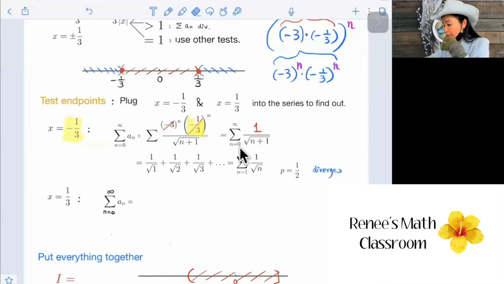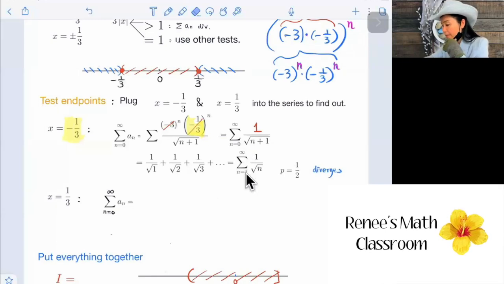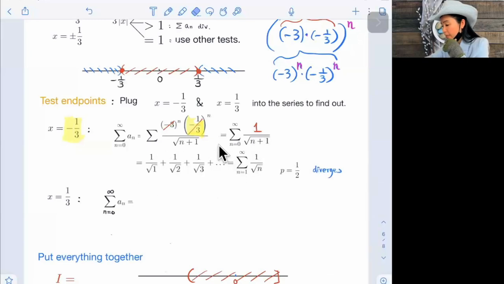The index here starts from 0. Now you can make the index start from 1. These two are actually the same. If you write it the long way, they have the same terms. So it diverges, as you said. It's a p series with p equal to 1/2, diverges. So we should exclude this negative 1/3 from the interval.